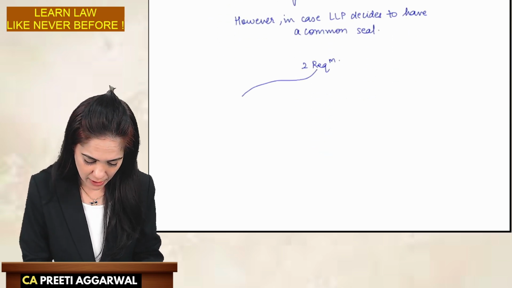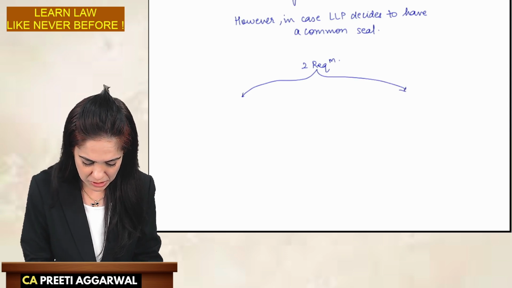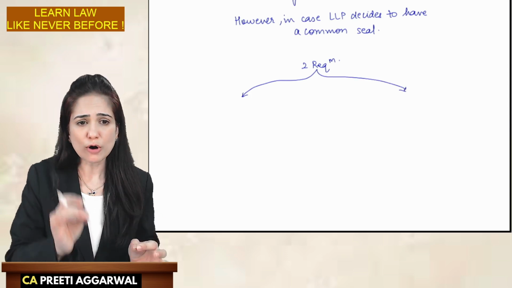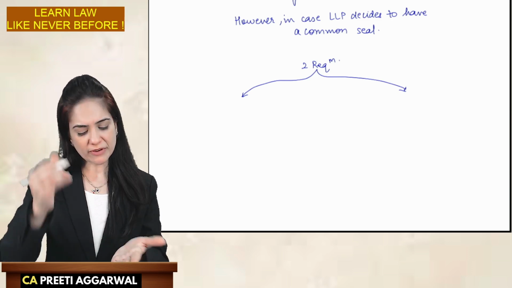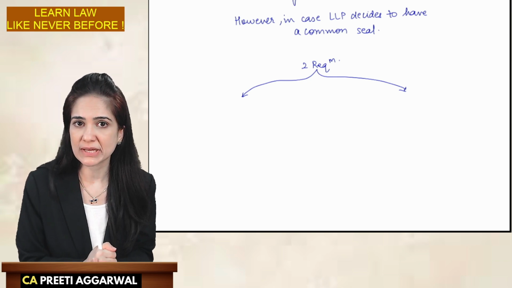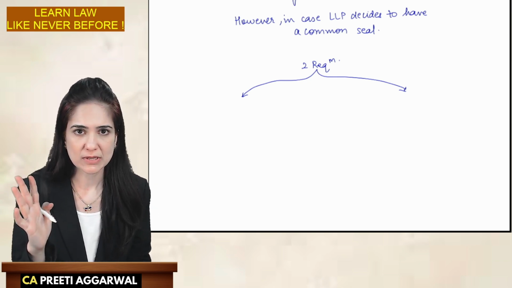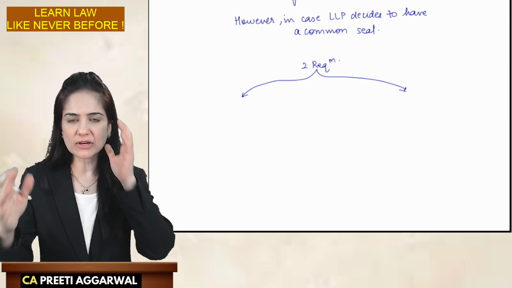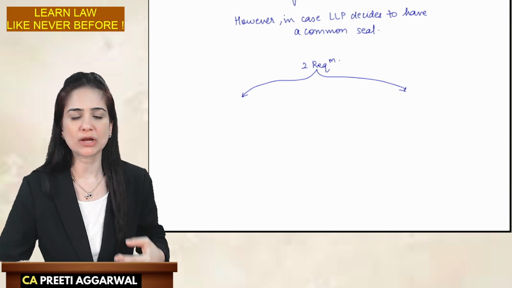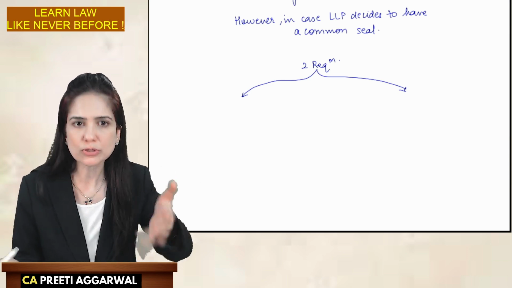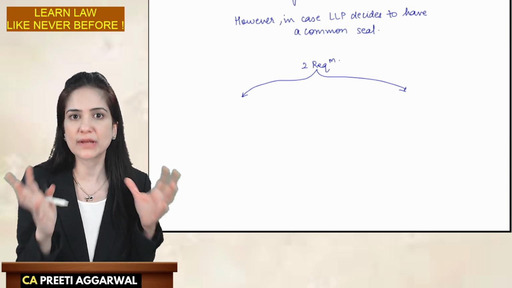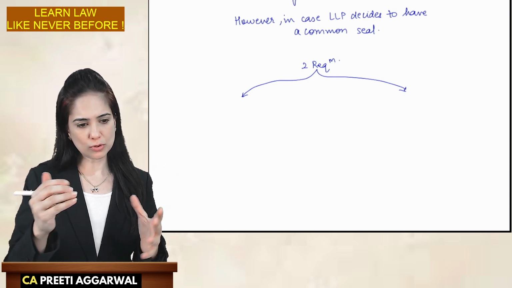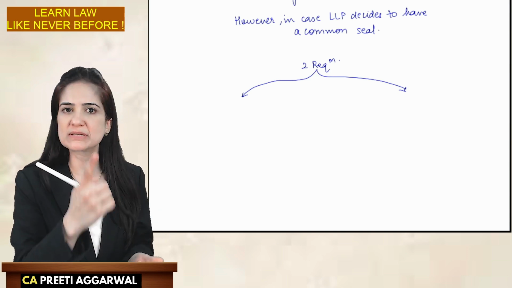The first requirement is that the common seal must be kept in the custody of some reasonable or reliable official. Whenever you affix it, it must be in the presence of at least two designated partners. Otherwise, we will never be able to keep track of how the common seal is used. Common seal is the signature of LLP. If you wrongly affix it, LLP is liable.